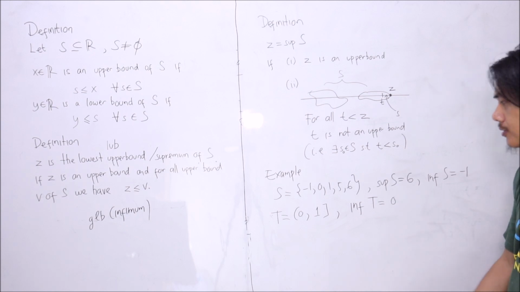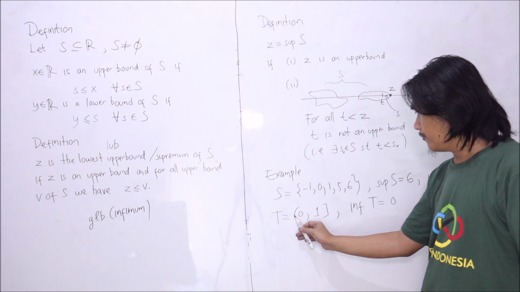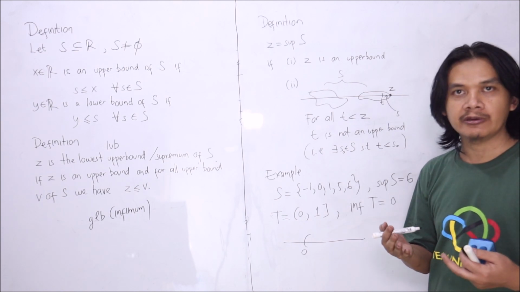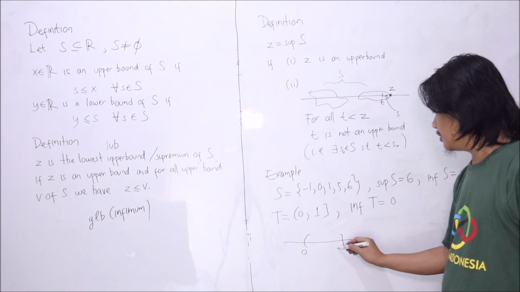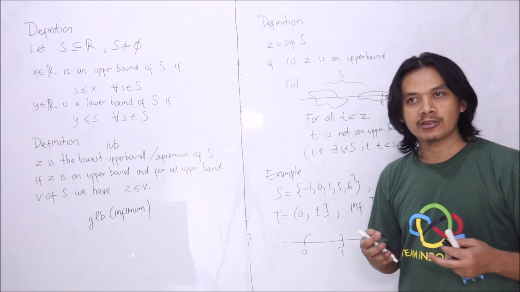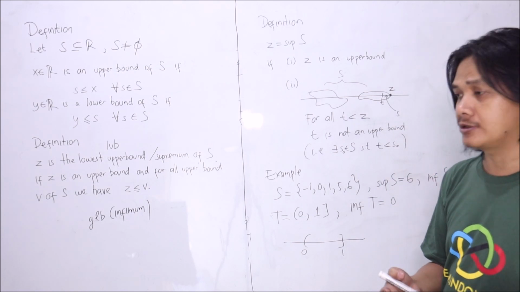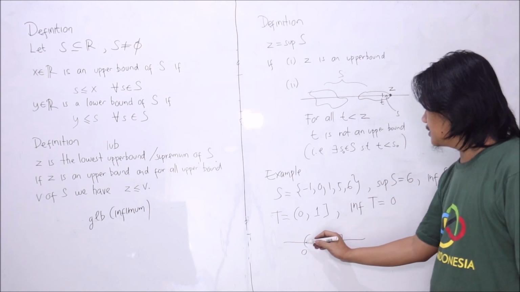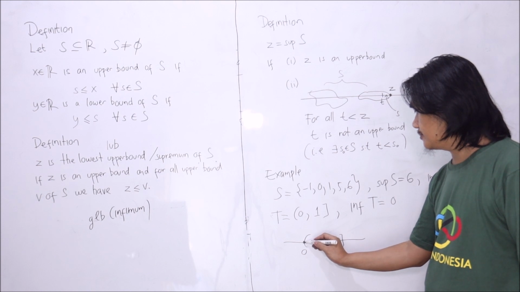Imagine, this is not really a rigorous proof, but we need to use our common sense in order to come up with a rigorous definition. So we claim that the infimum of T is equal to 0.